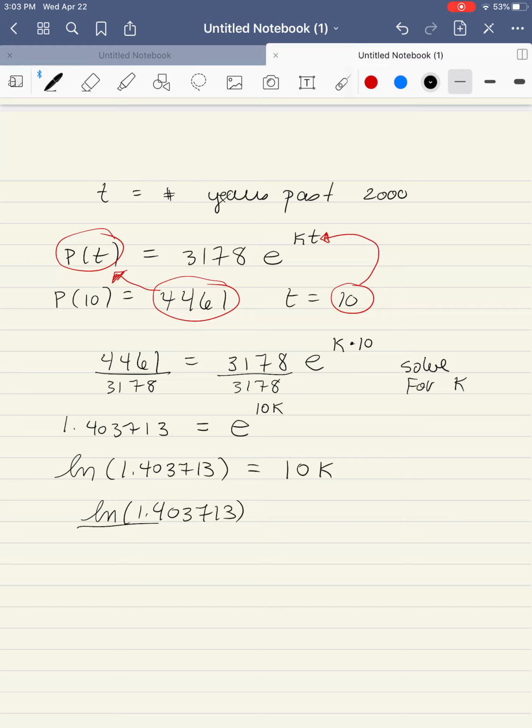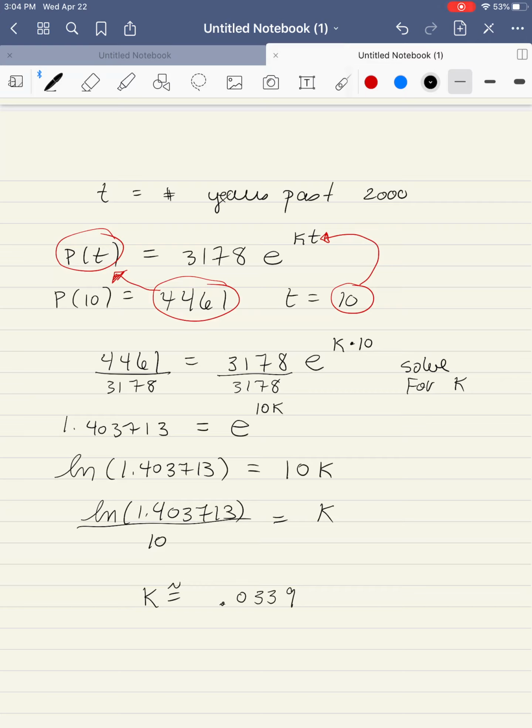So now I can divide both sides by 10. And I get that my growth rate is, and I'm going to go ahead and round this to 4 decimal places, the natural logarithm of my previous answer divided by 10.